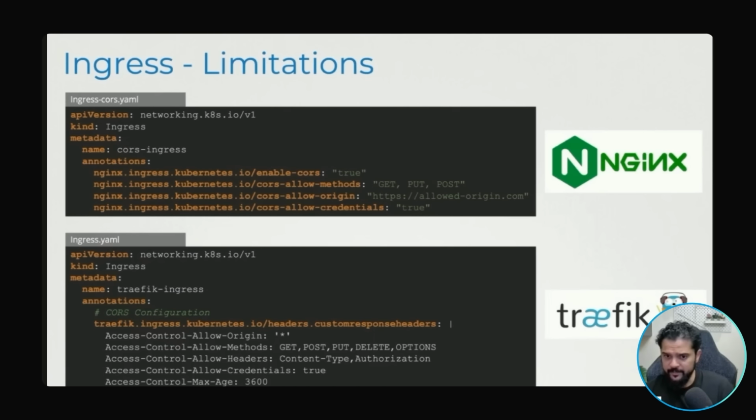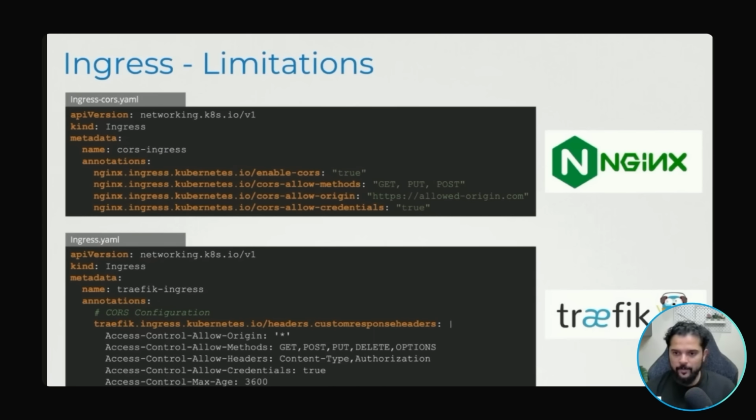And then you can see a completely different approach to how it would be configured by another controller like Traefik. So each controller has different types of annotations. So there's no consistency, right? So let's say you started with NGINX, you have all of these configurations defined through annotations, and in the future you decided that you're going to move from NGINX to Traefik or some other solution, then you'll have to go through all of these resource files and start reconfiguring these and testing it and making sure it works, right?